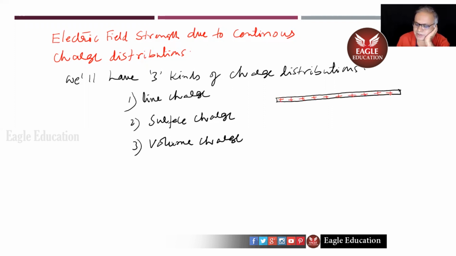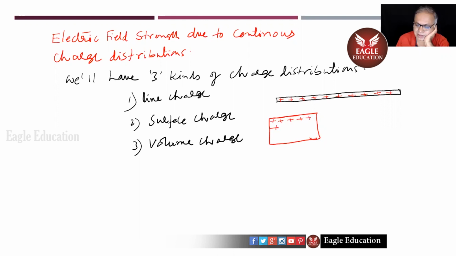This could be a line charge. Or it could be a very thin metal wire, on the surface of which excess charge is formed. And what could be a surface charge? Charge that is distributed on a plate like this, for example.